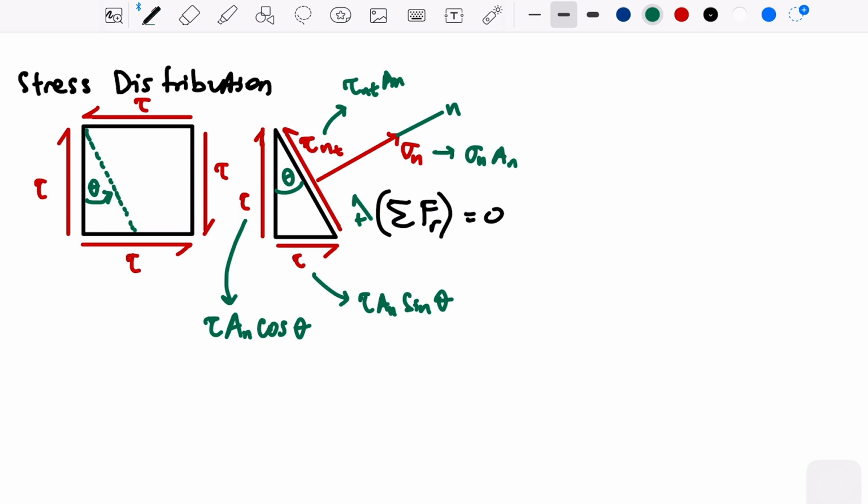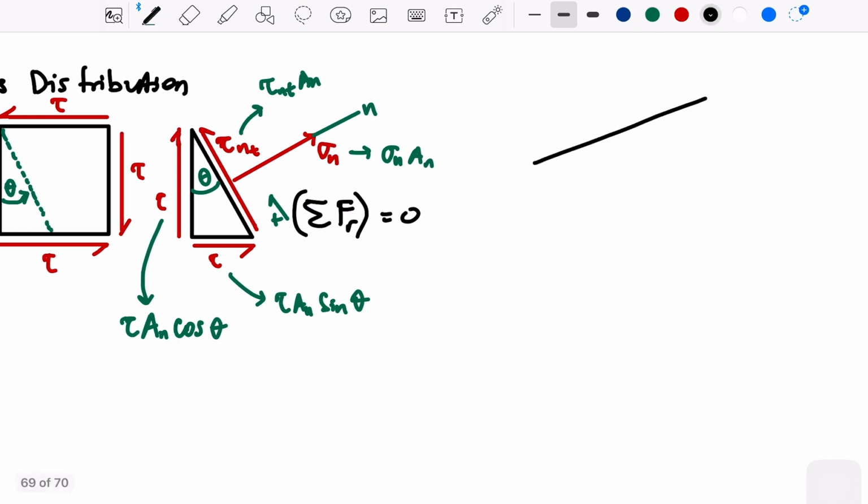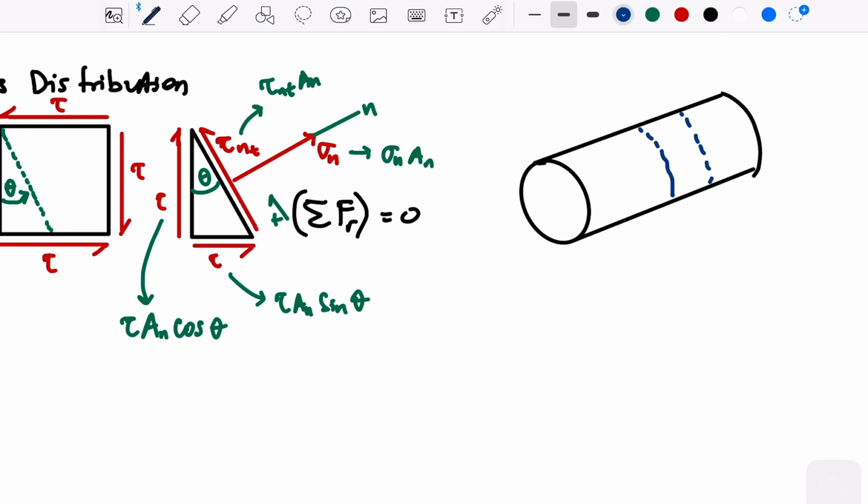Perhaps it's best if you think of this as coming from the tubular or the rod, like that. So we slice some part of it. So this is going to be this area here, this is the area.